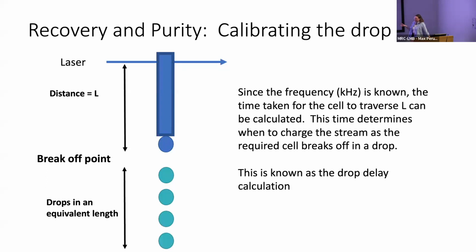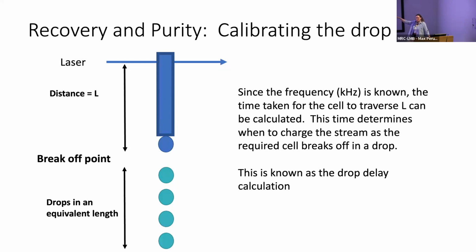One of the downsides of a jet in air sorter specifically is that it takes a little bit longer for the fluidics to settle down. So that's why you'll often see when we come in the morning and we're setting up the machines, we'll give about an hour for our jet in air sorters to settle down. This is also part of that, because clearly we don't want this breakoff point to be drifting.